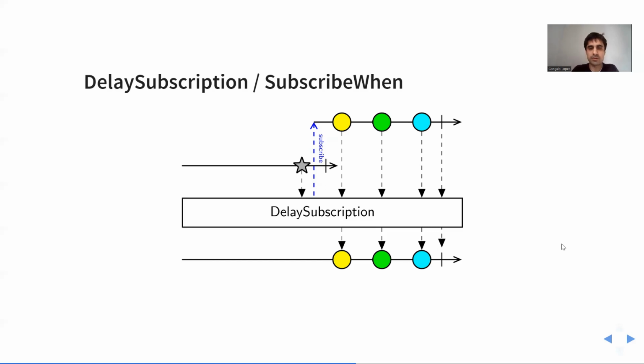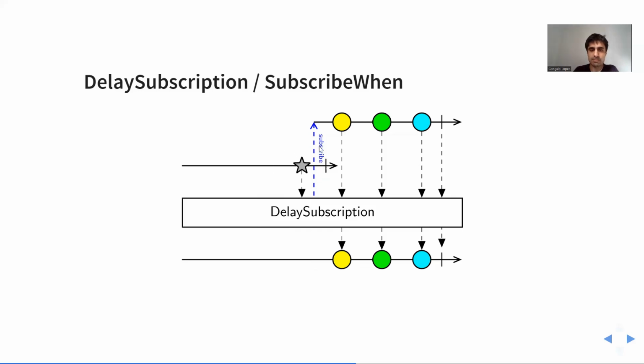There is an interesting variant of delay called delay subscription that also implements a shift in the result sequence, but does it in a very different way. What delay subscription does is wait either for a given time, or there's also a dynamic variant called subscribe when, which is what's actually represented here. It waits for an event, which could be a timer, but it could also be something else.